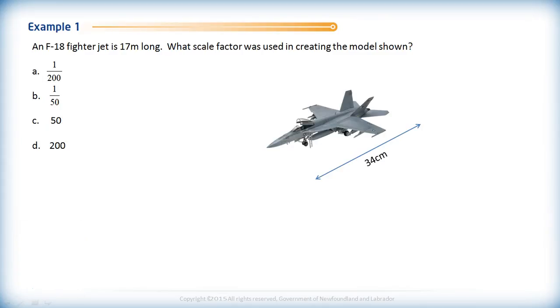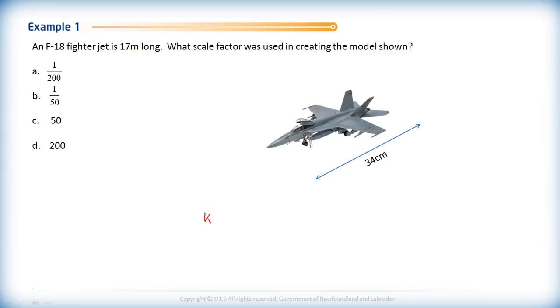So the first thing we want to do here is it says an F-18 fighter jet is 17 meters long. What scale factor was used in creating the model shown? So here we have a model of an F-18 that's 34 centimeters long. So what's our scale factor? All right, let's figure that out.